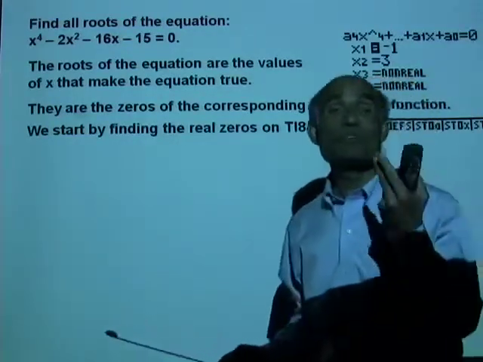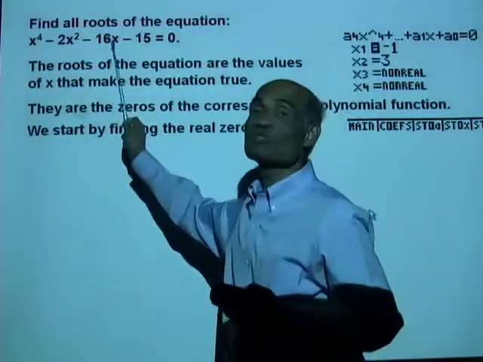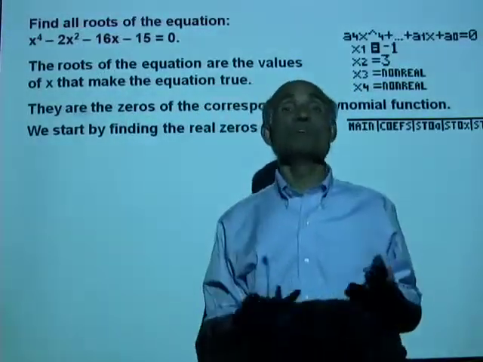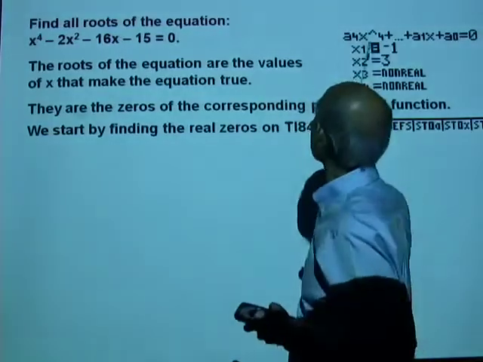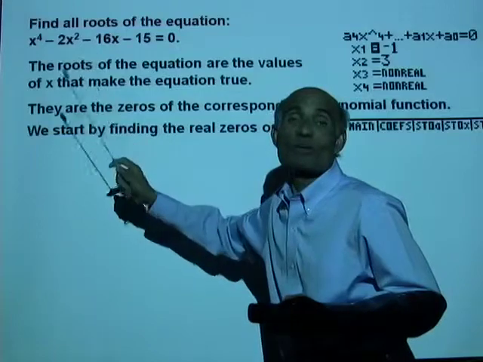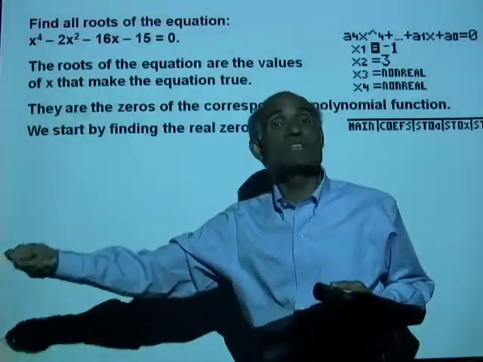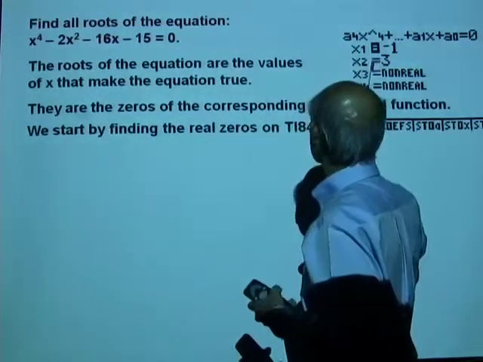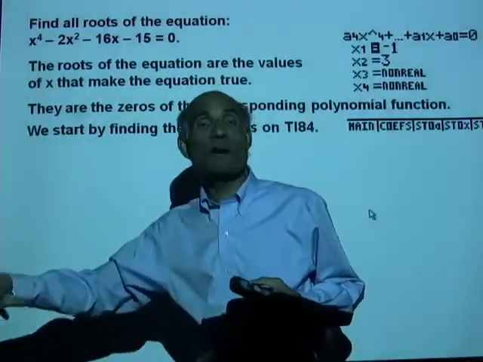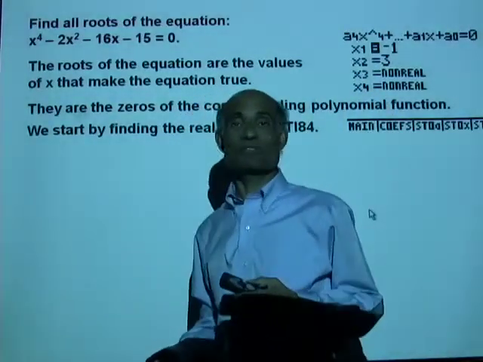In other words, we've got two factors of this already. There are only two more factors remaining which we need to find. If x equal to negative 1 is a zero of the polynomial, x plus 1 is a factor of it. x equal to 3 is a zero, which means x minus 3 is a factor of it.